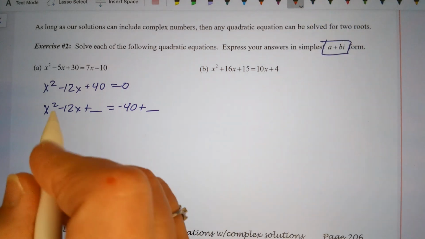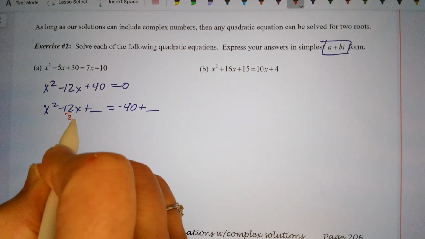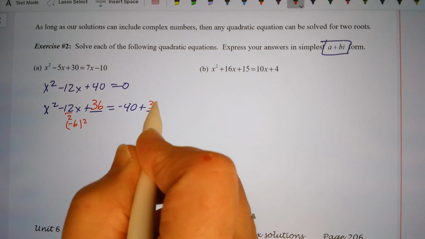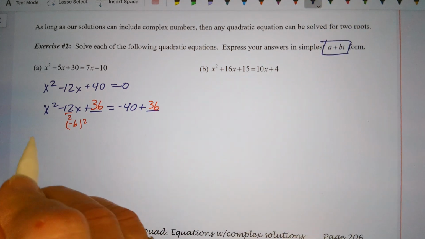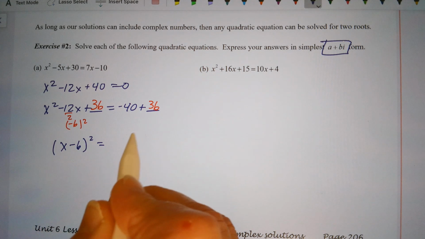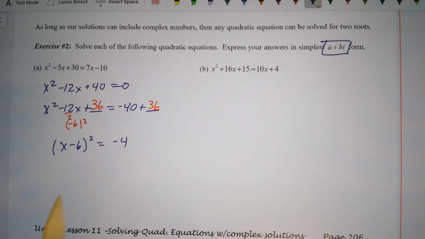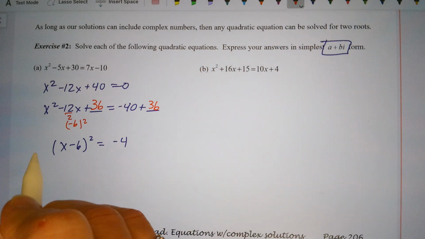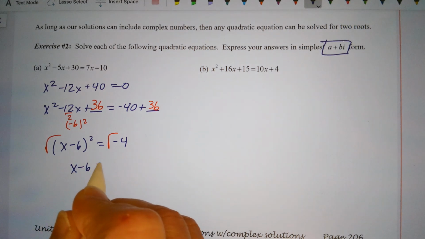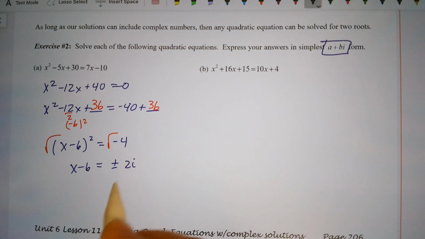What goes in the blank? Negative 6 squared is 36. x minus 6 squared equals negative 4. Square root each side. x minus 6 equals plus or minus 2i.